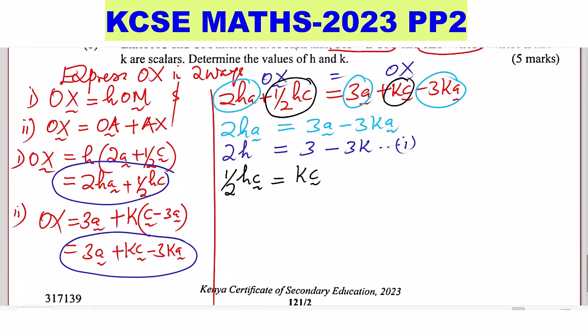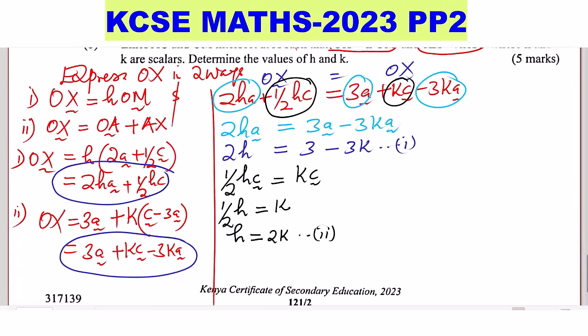Divide each term by C, you'll get half H is equals to K. And when you multiply each side by 2 to get rid of this denominator 2, you get H is equals to 2K. That is another equation.